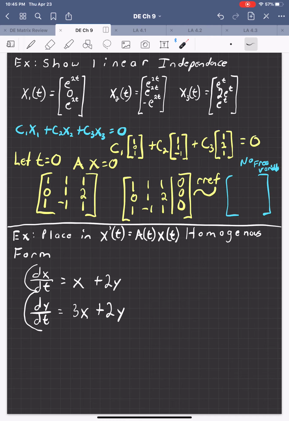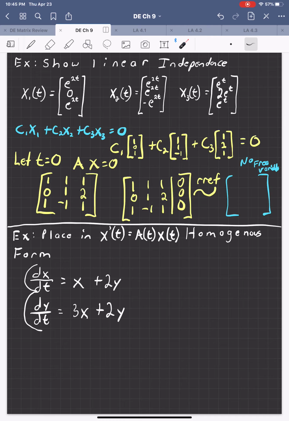Now, what I'm going to do at this point is get my work organized, since I got my work all unorganized. But okay, we're going to practice just form, right? So we have this normal form, x prime of t equals A times x of t. We're still dealing with the homogeneous case.